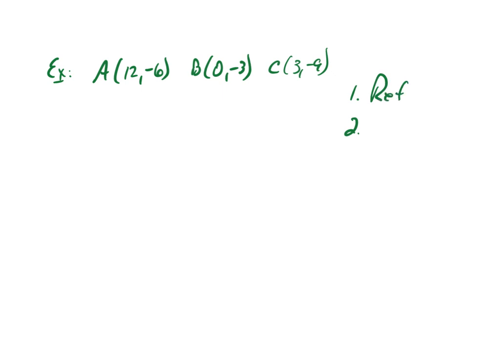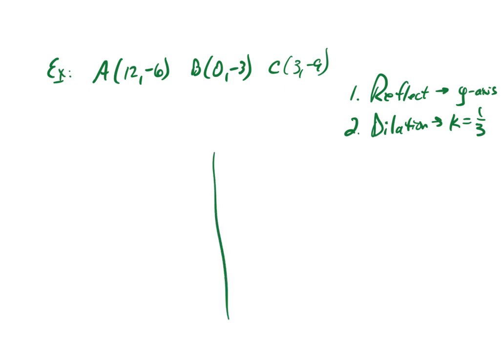We're going to do a reflection about the y-axis. And then we're going to do a dilation using 1/3. Okay, so like always, we're going to draw a picture of our original triangle in this case.